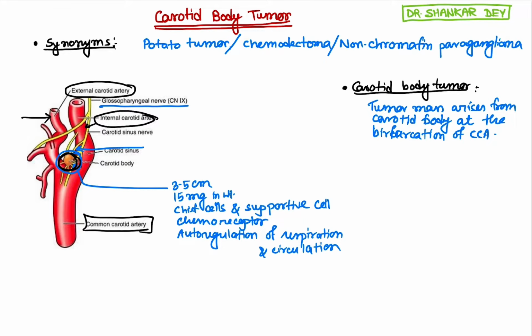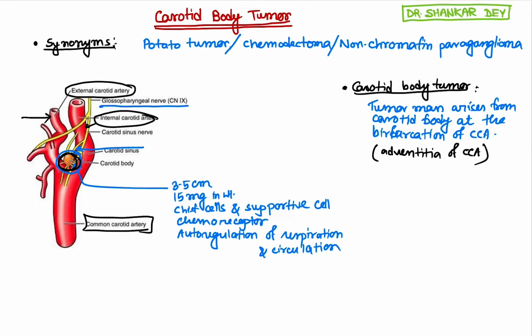That is why it is known as carotid body tumor, also known as potato tumor or chemodectoma or non-chromaffin paraganglioma. So what is the origin? The origin of the tumor is the carotid body located at the adventitia of common carotid artery near its bifurcation.